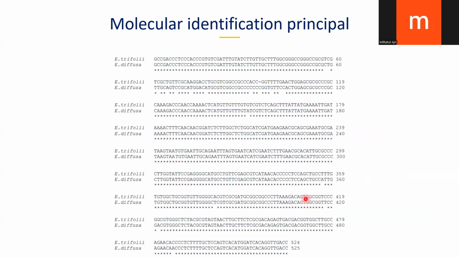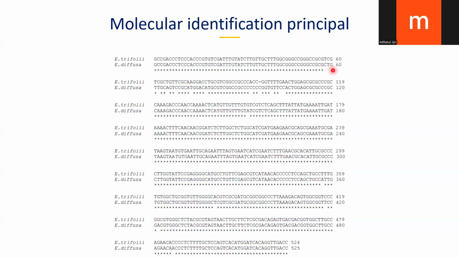Okay, you can see here the nucleotide sequences from different species. There are two different species, E. trifoli and E. diffusa. In the first nucleotide sequence, it's the same, right? Yes, it is the same.